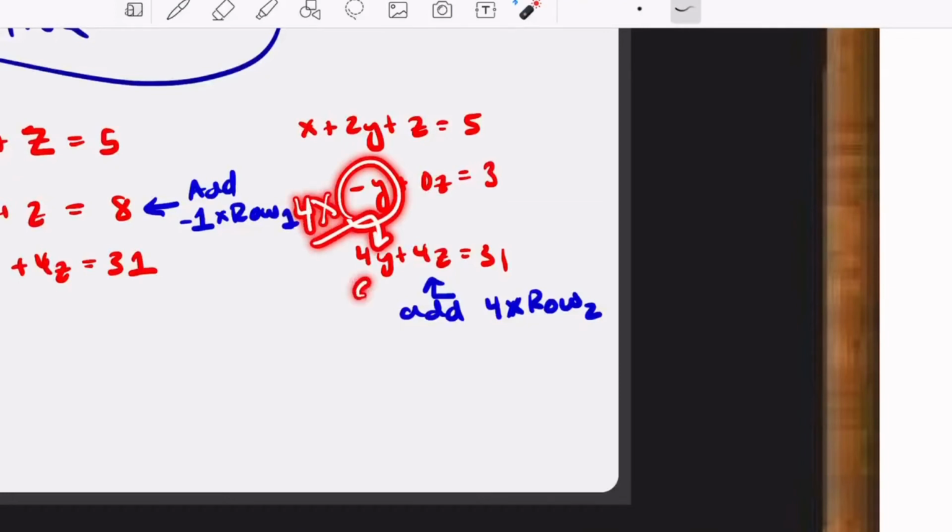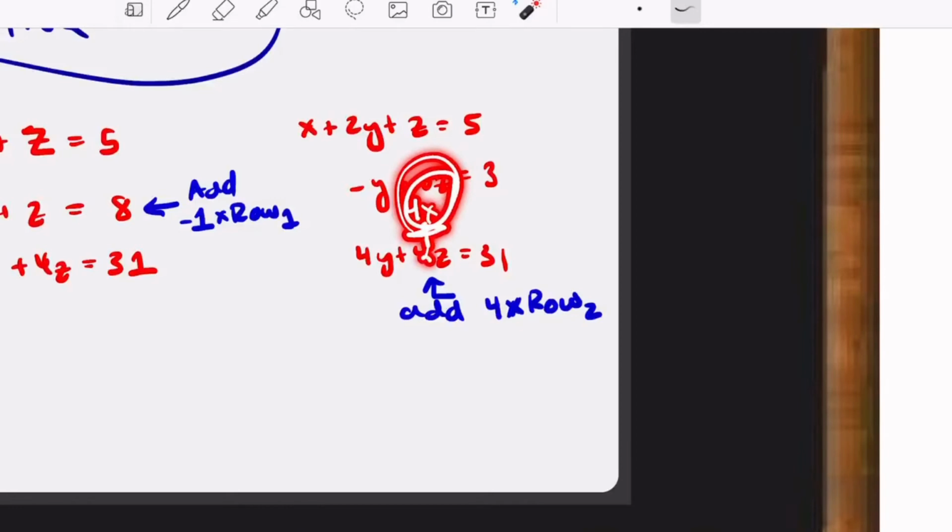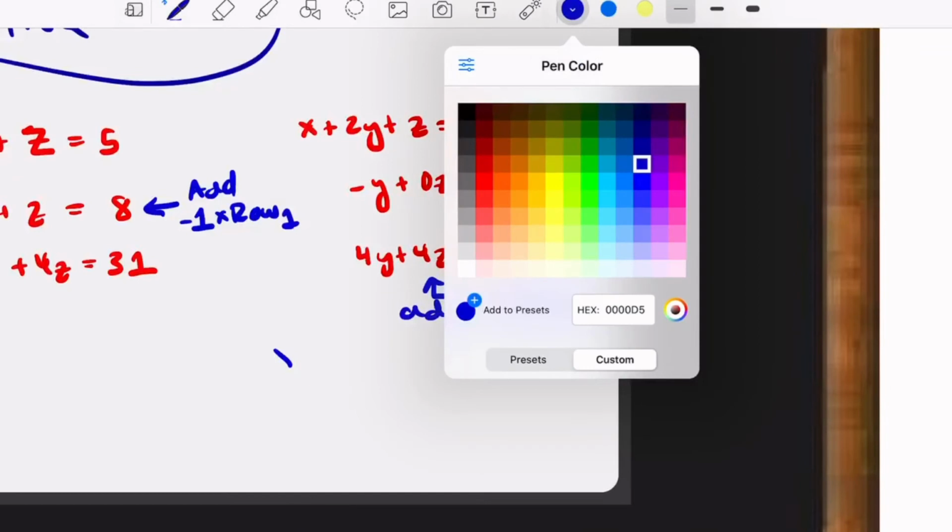When you add it to that, that'll give me 0. 4 times this will give me 0 z's. Added to that, that'll give me 4 z's. And 4 times that will give me 12. Added to that will give me 43. So this will give us a total of, I'll just go here. First row is not changing, by the way. Leave the first row alone.